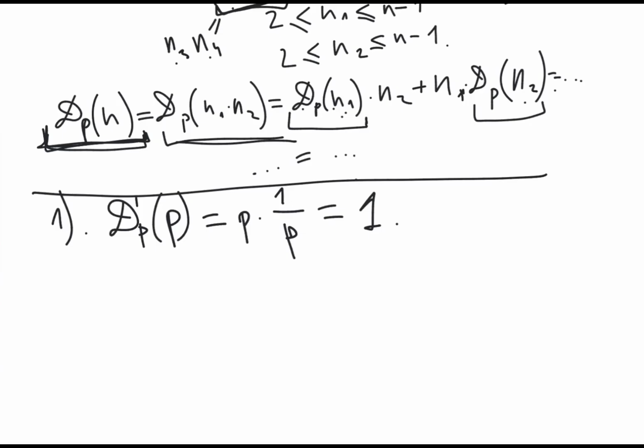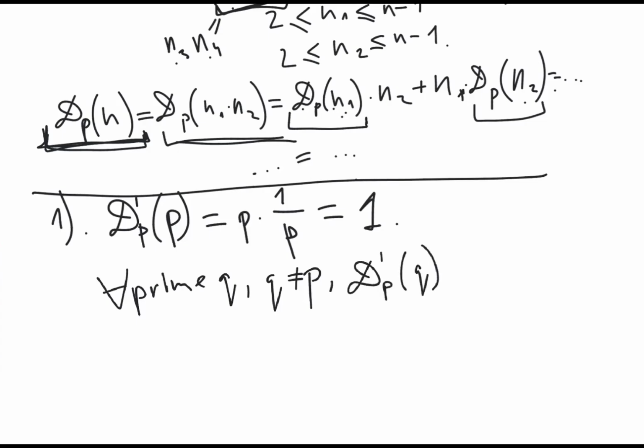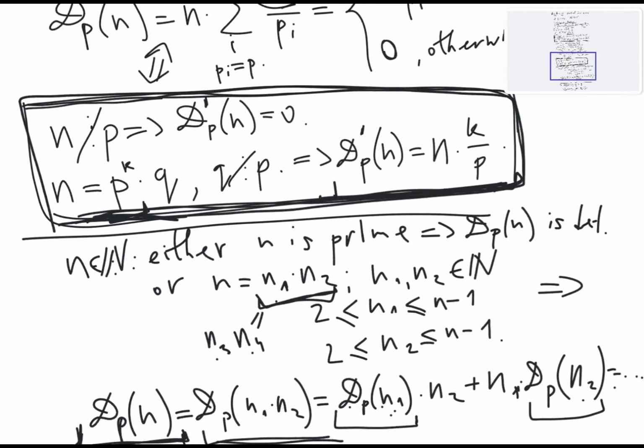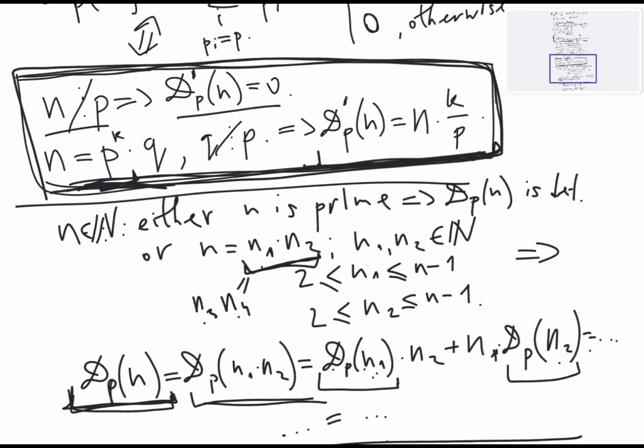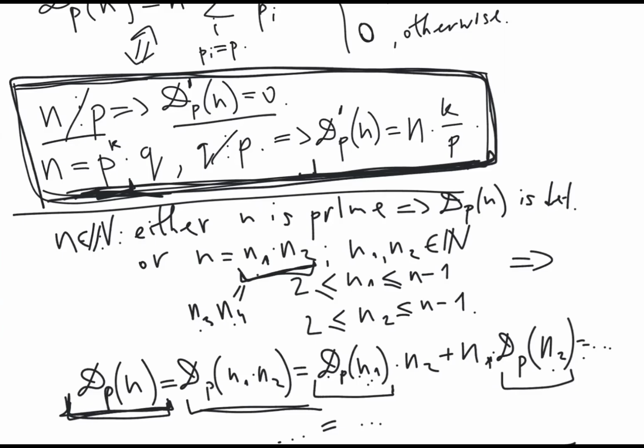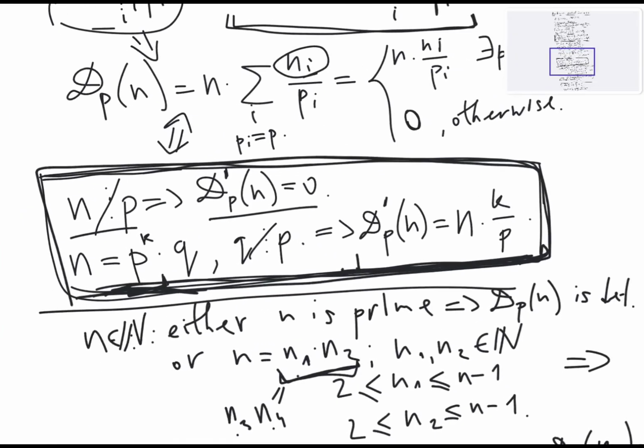Okay, and for any other prime q that is not equal to p, what we have is d_p prime of q. So again, if it's not divisible, then it's just 0. Or we can actually even skip this special case, because this case captures it as well.